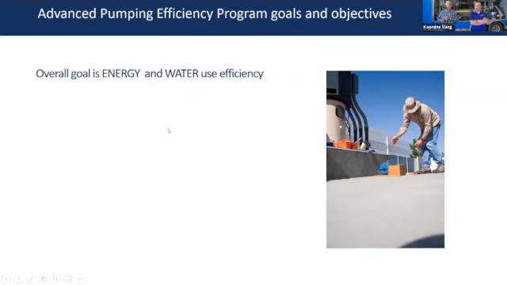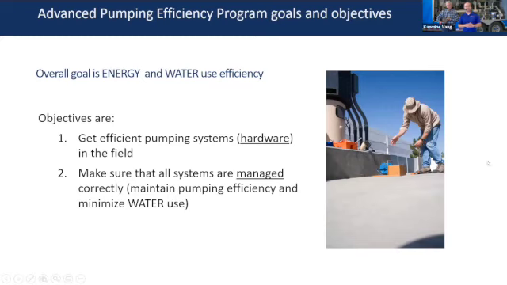So the overarching goal of our program, the Advanced Pumping Efficiency Program, which is part of CIT, one of our larger programs, has been in operation for over 20 years, and we have tested over 30,000 pumps and also put on over 400 to 500 workshops. The overall goal is to save energy and water, so water use and energy efficiency.